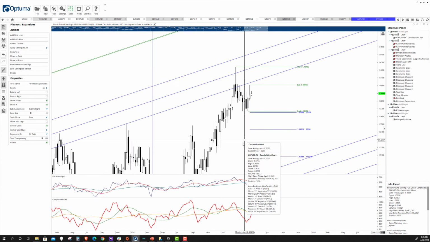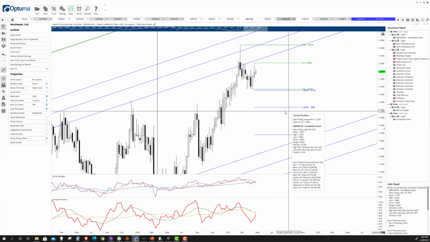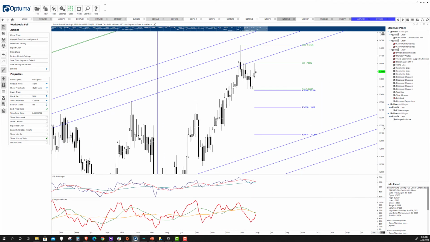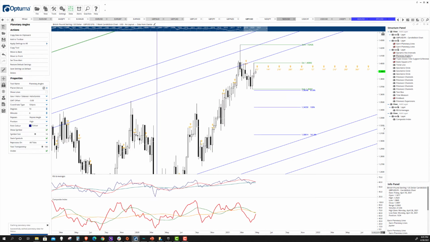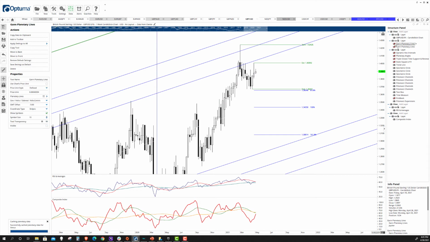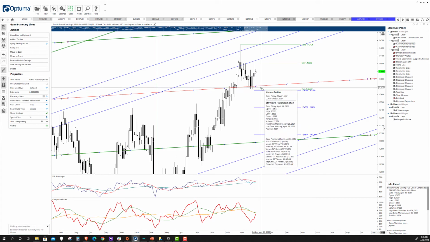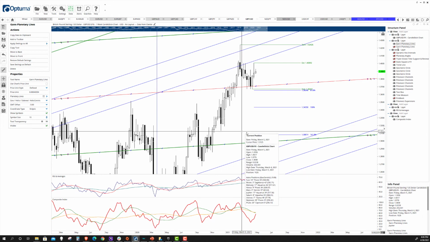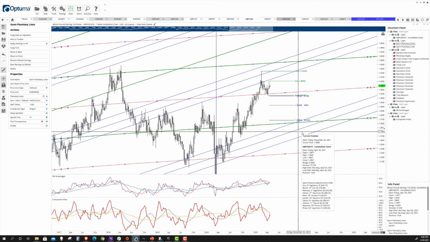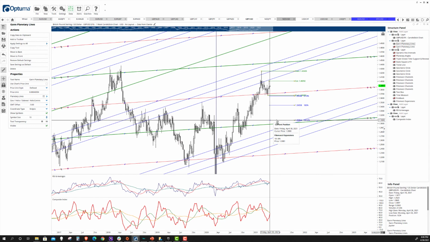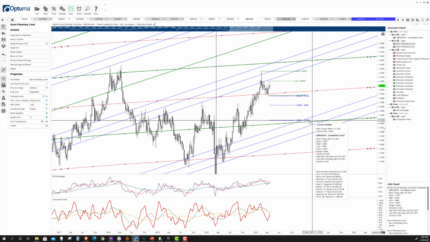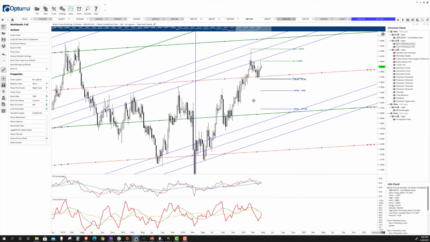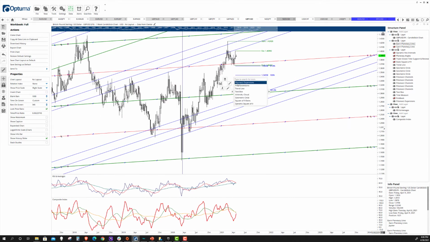So the Fibonacci expansion is really showing us a couple of zones, and I want them to tie up with some of my other levels that I've identified. Which brings us pretty close to that. That seems a little bit ways down, but going back down to 130, very, very likely. I'm going to go ahead and assume that that's going to tie in with a good retracement level.